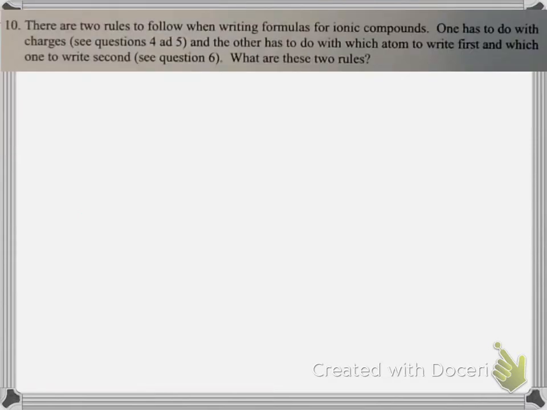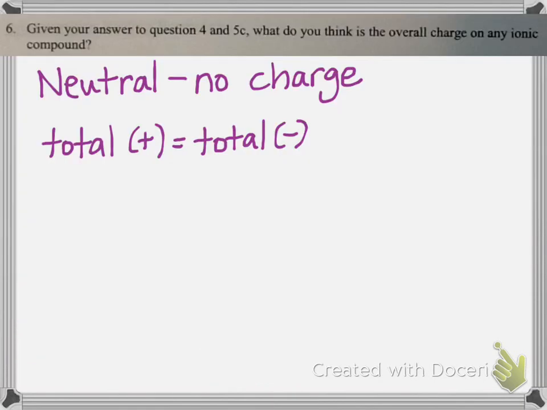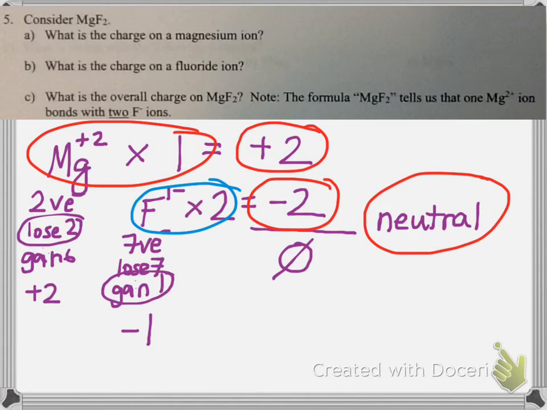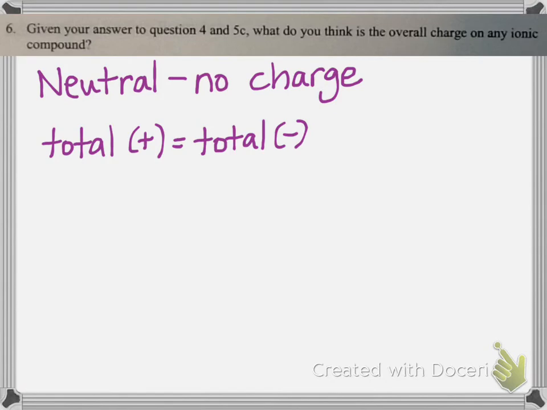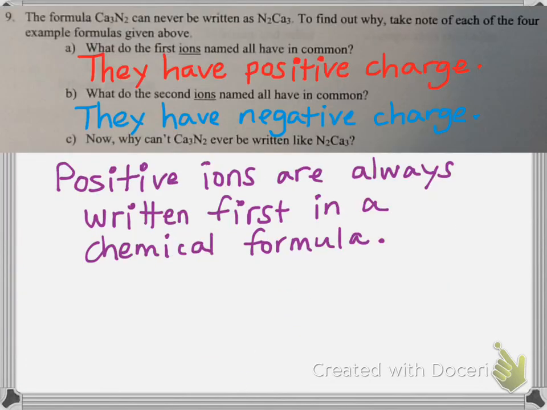Number 10. There are 2 rules to follow when writing formulas for ionic compounds. One has to do with charges, see questions 4 and 5, and the other has to do with which atom to write first and which one to write second, see question 6. What are these 2 rules? So if we look back at questions 4 and 5, like it tells us to, number 5, we had a neutral compound. Number 4, we had a neutral compound. We said that compounds have to be neutral.